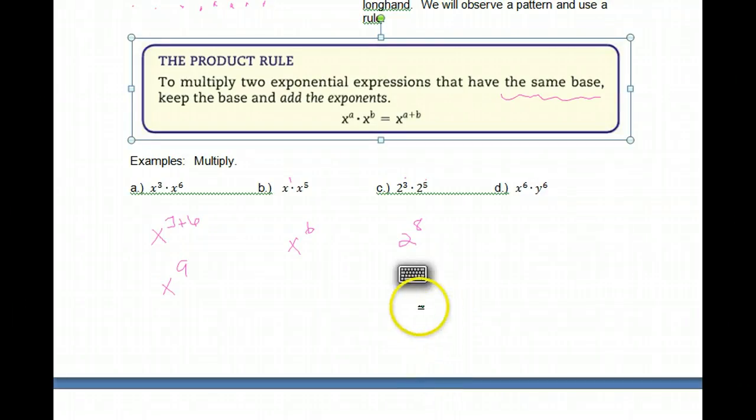So 2 to the 8th power becomes 256. And then letter D, we have x to the 6th, y to the 6th. Please note that those bases are not the same. And since the bases are not the same, we cannot do anything further with this problem. So the answer is simply x to the 6th, y to the 6th.